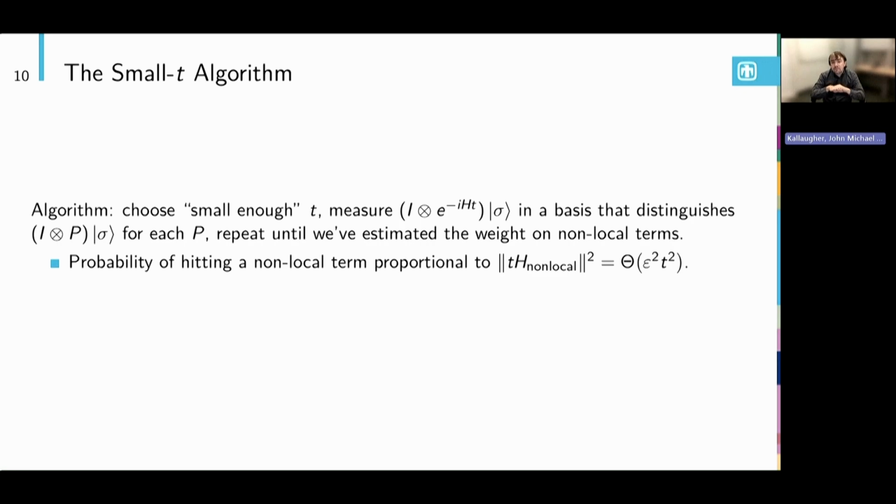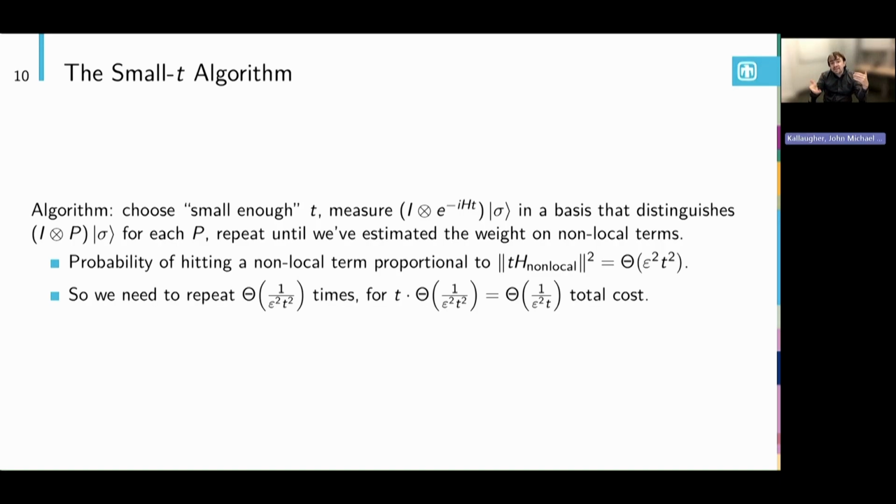And so keeping in mind that we're only trying to differentiate local Hamiltonians from ones with at least an epsilon size non-local part, that means that our probability of hitting a non-local term is going to be at least epsilon squared t squared. And so we'll need to repeat like 1 over epsilon squared t squared times. Each of these repeats costs us t because we're evolving for a time t. And so we have a 1 over epsilon squared t total cost for this algorithm.